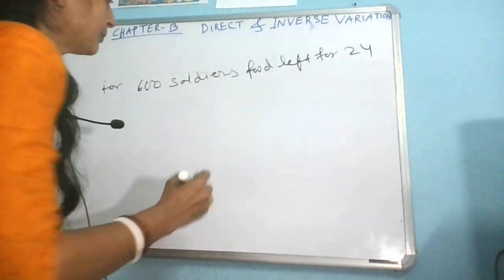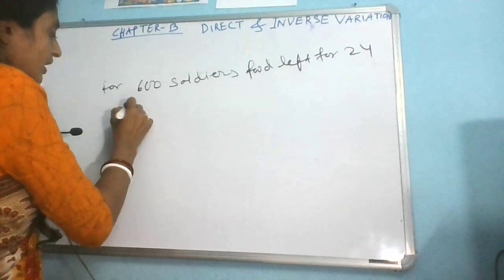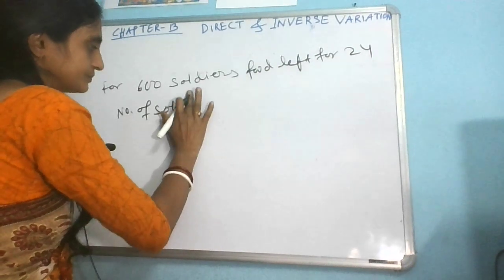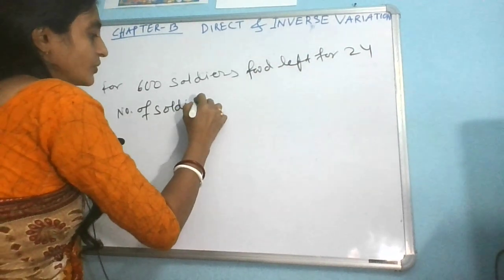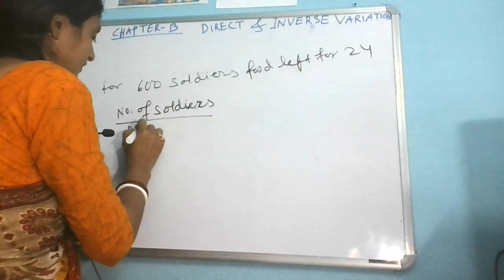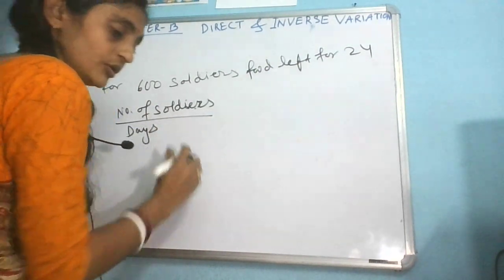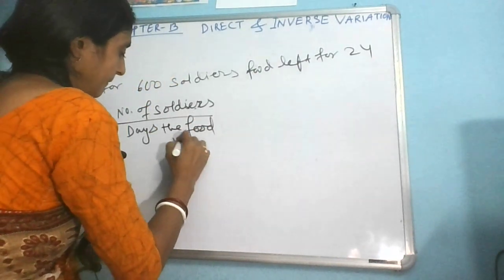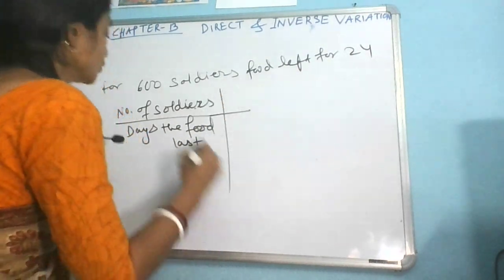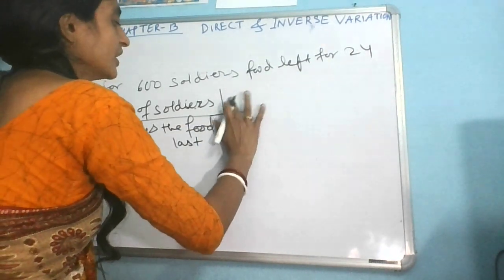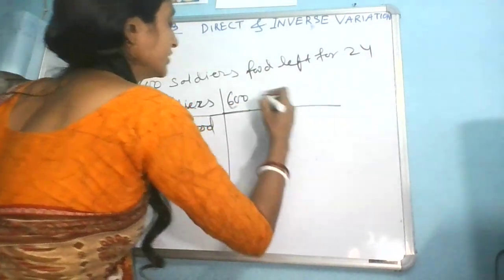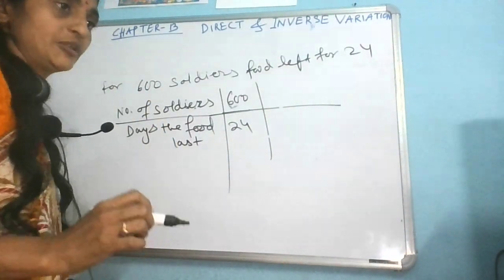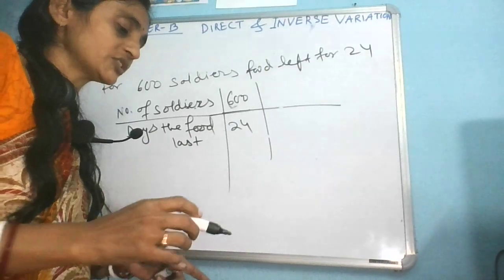So if I present this in a table, the number of soldiers and the days the food lasts. When there are 600 soldiers, the food can last for 24 more days, because the soldiers have already taken food for 6 days and then some left.